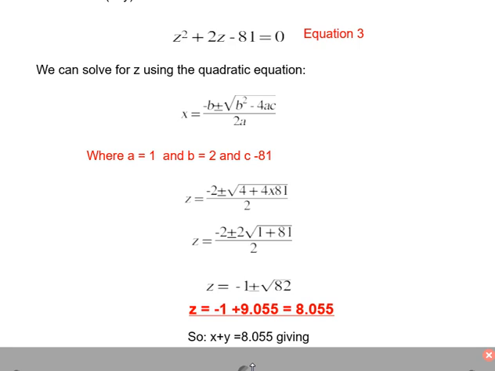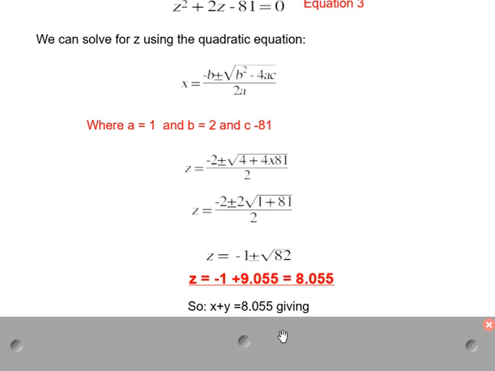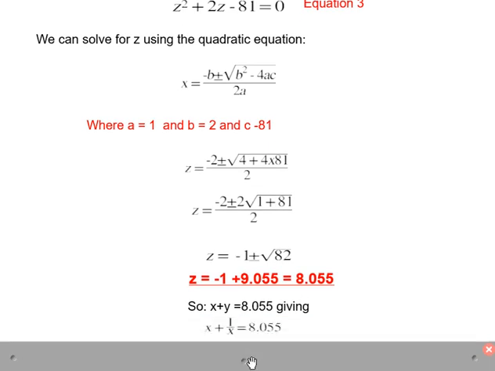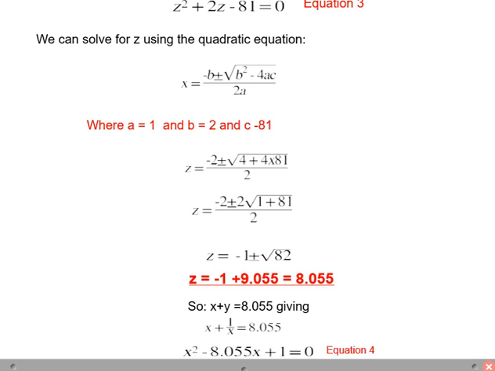So x plus y equals 8.055. And if we go a bit further down now, we'll find that x plus 1 over x, because y is 1 over x, equals 8.055. And multiplying through by x, we get another equation, x squared minus 8.055x plus 1 equals 0.